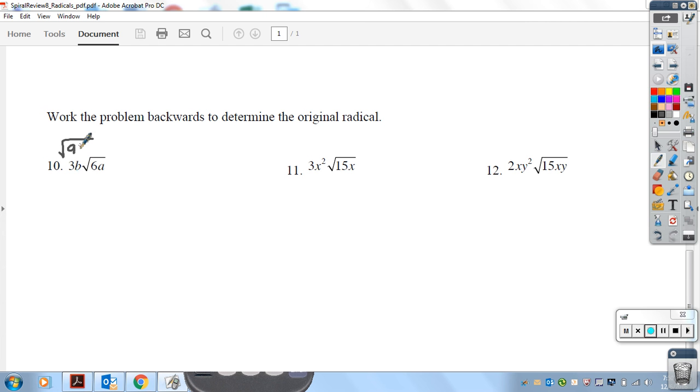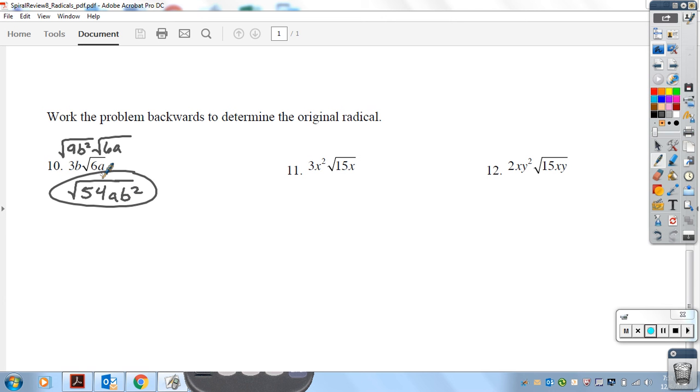And how could I have gotten b? That's b squared. So I like to write it above. It helps you guys when you see this. So the only way to get 3b was square root of 9 is 3, square root of b squared is b, and the 6a back together. So this is 6a with a 6a. So 9 times 6 is 54. B squared times a is a b squared, putting it in alphabetical order.